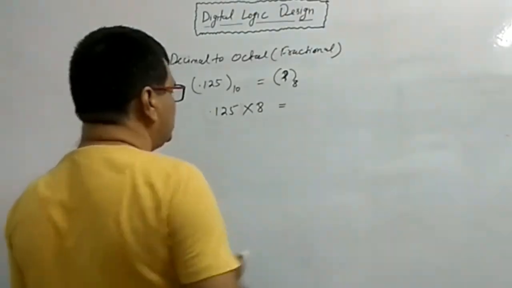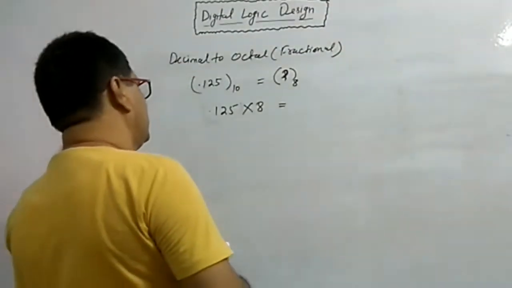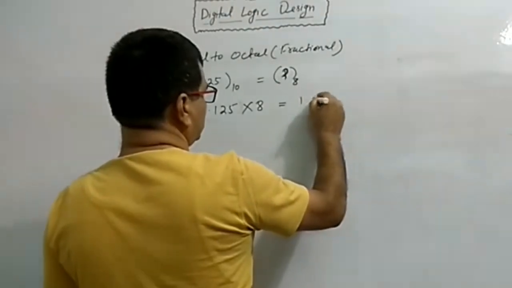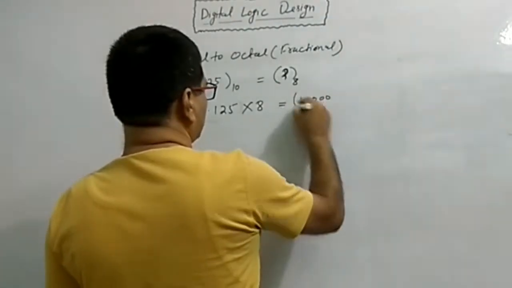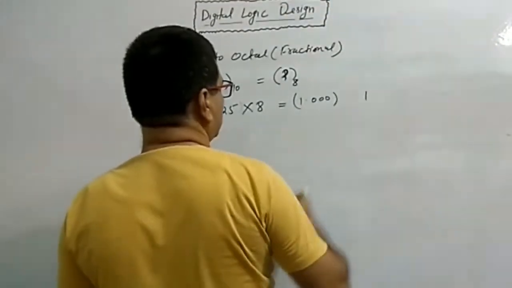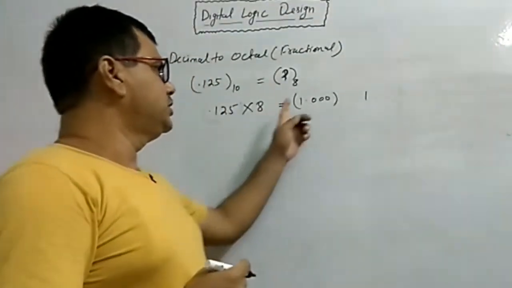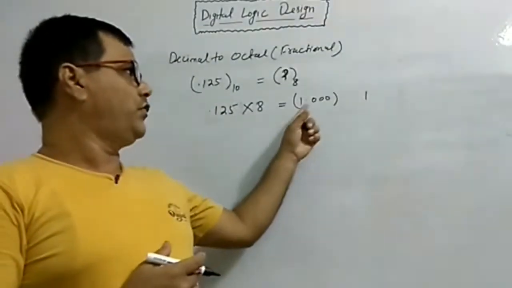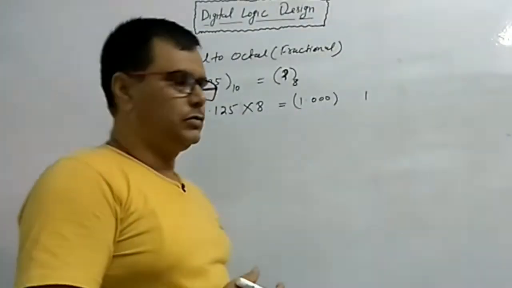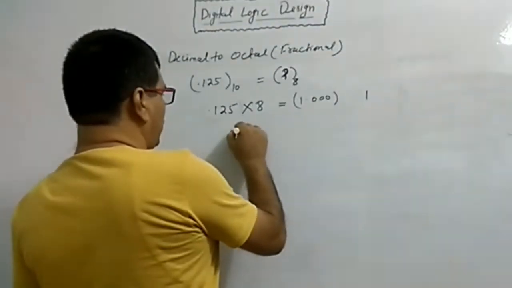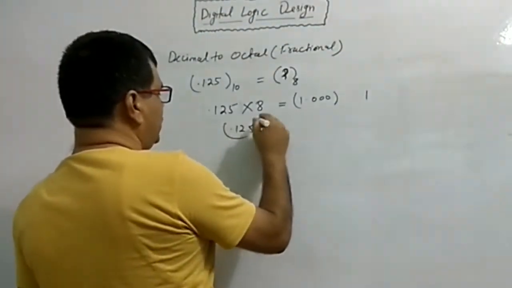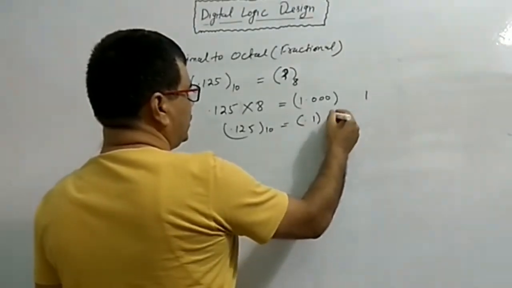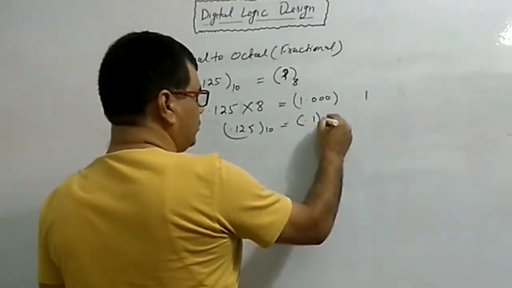What will it be? It is 1.000, and the integer part is 1. Now in a single step the fractional part becomes 0. So we can say 0.125 in the decimal number system is equal to 0.1 in the octal number system.